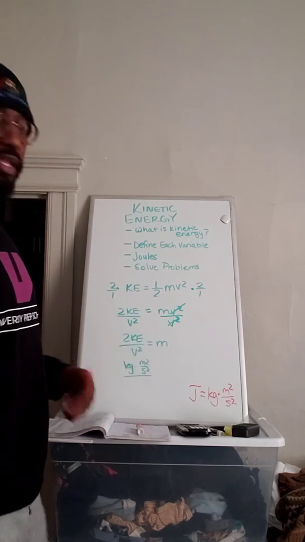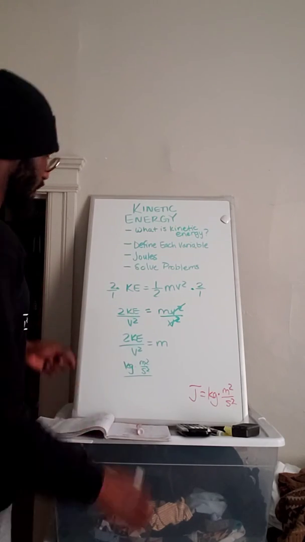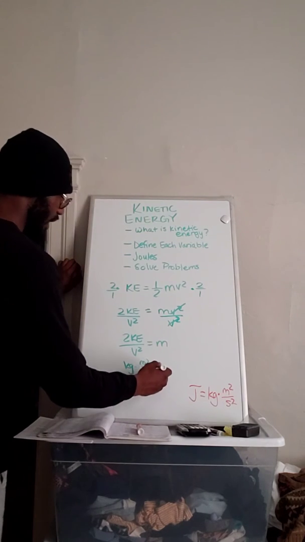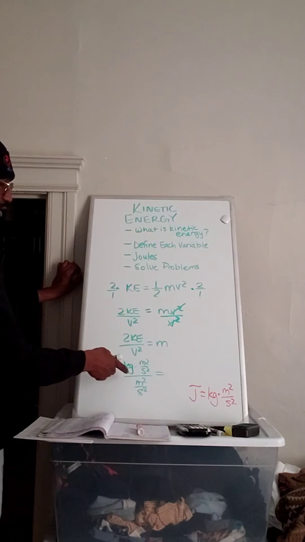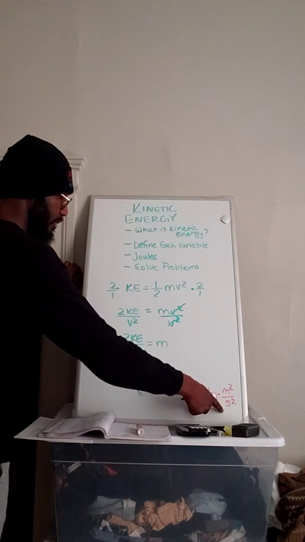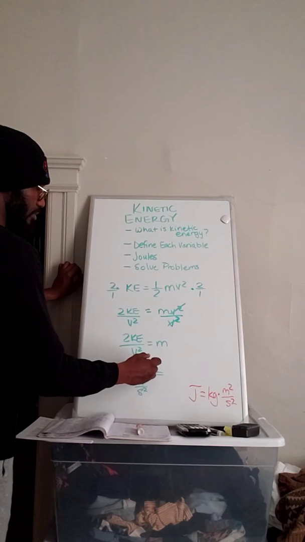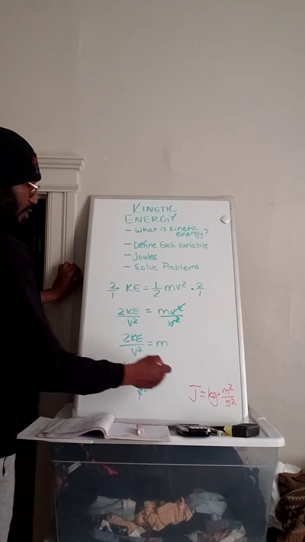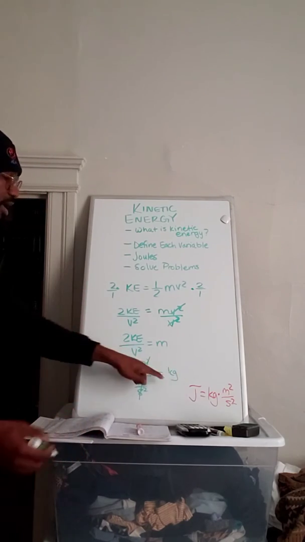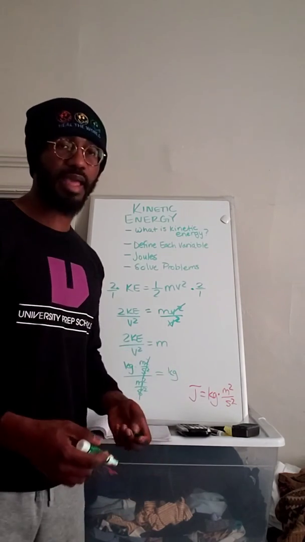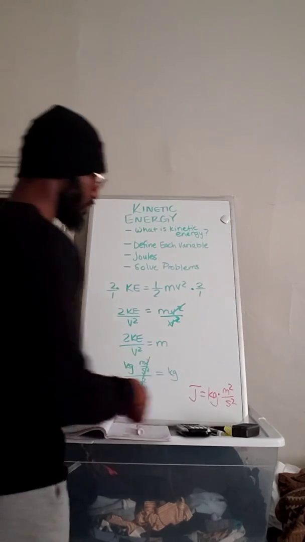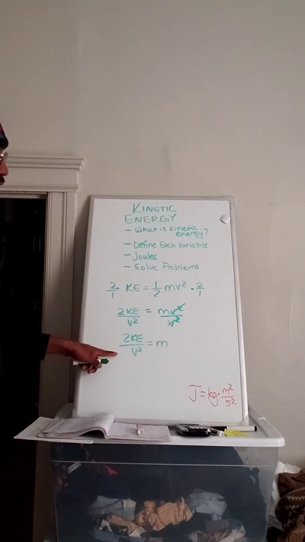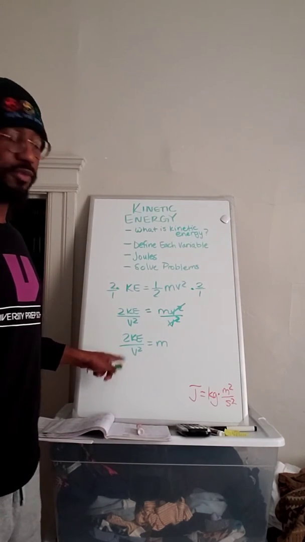So velocity is in meters per second, but when I square it, it's meters squared over second squared. And I can see from my units being set up, if I break my joules apart, my meter squared over second squared will cancel out, and I'll be left with kilograms. And kilograms is indeed the unit of mass. All right? So that's how your units will work out. But that's the form of the equation you want to use if you're solving for mass.